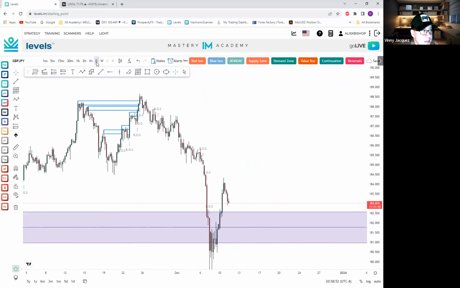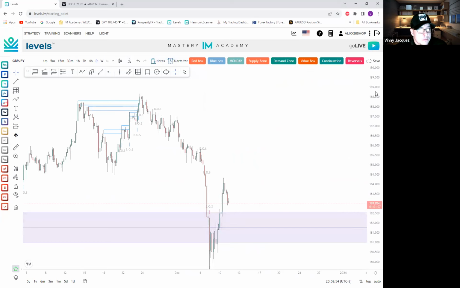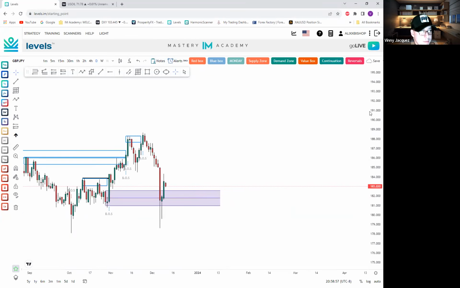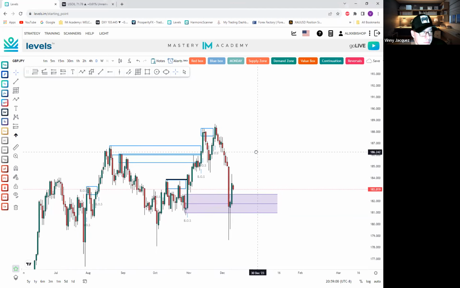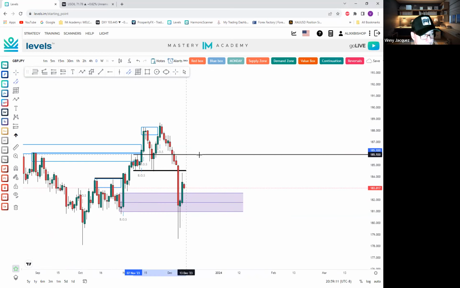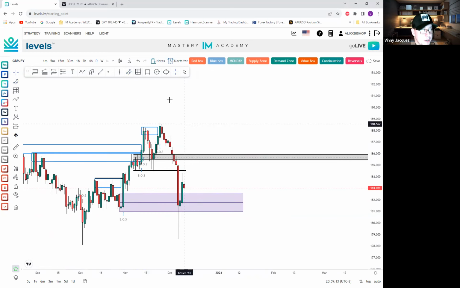I think these were all picked up. Levels is telling us this is the south area, which, I mean, technically it is. We do break and close below, and this is a possible shoulder. Possible shoulder. Right, so let's drop down to a lower time frame to see if there's anything near that area.